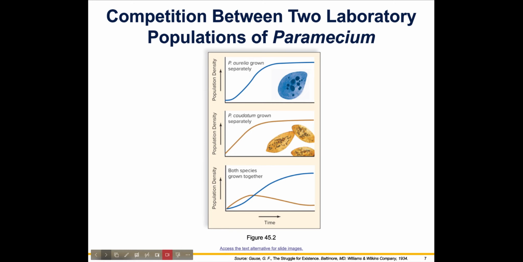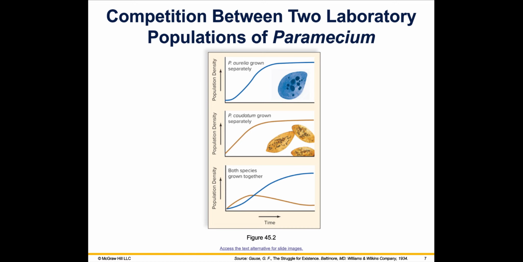So we have a test tube where we have a paramecium, this blue guy, P. aurelia, and the population can grow when we put that paramecium into a test tube with food. Then we've got a different kind of paramecium, P.